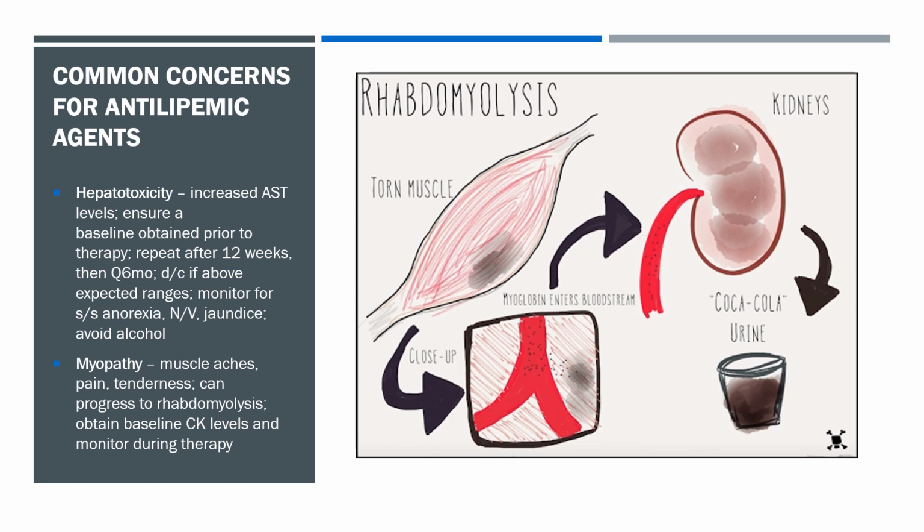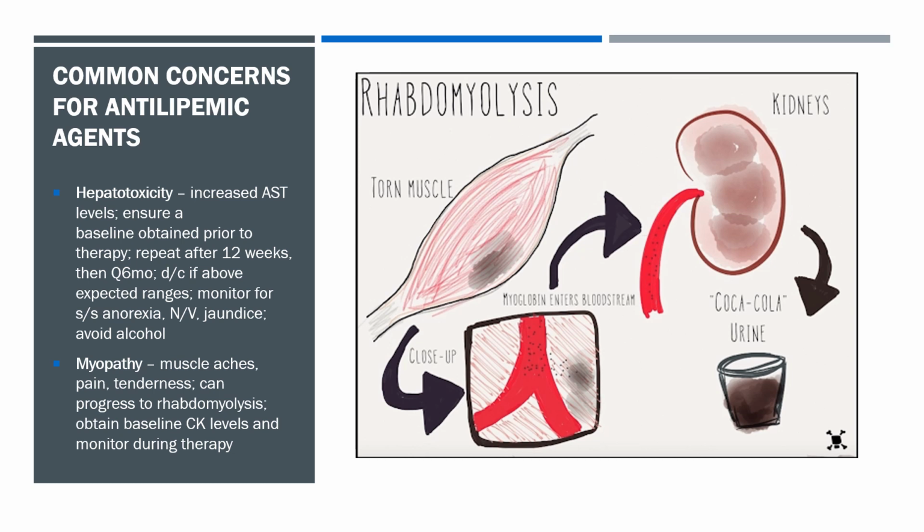The common concerns for anti-lipemic agents are going to be related to your liver and muscles. So hepatotoxicity is going to increase the AST, which is a liver enzyme. We need to ensure a baseline level of liver enzymes is obtained prior to starting therapy, and then after 12 weeks of being on these medications, we need to check the liver enzymes a second time, and then routinely about every 6 months.